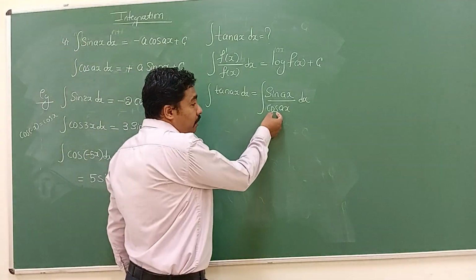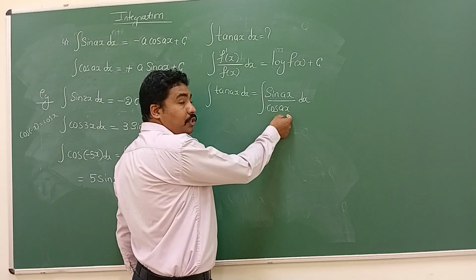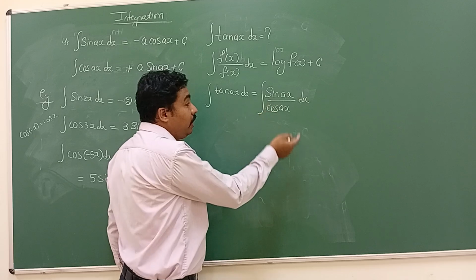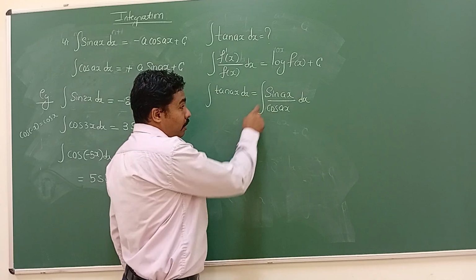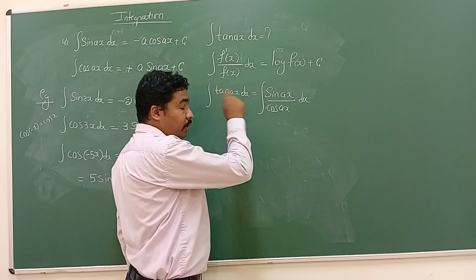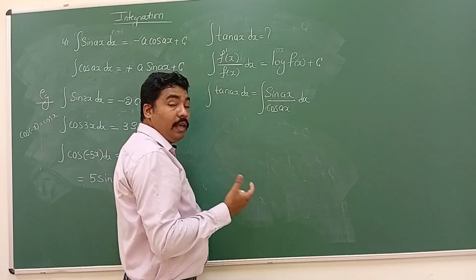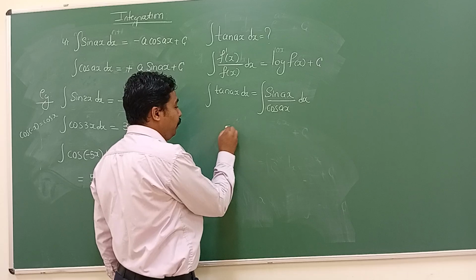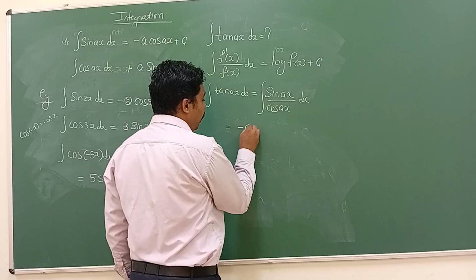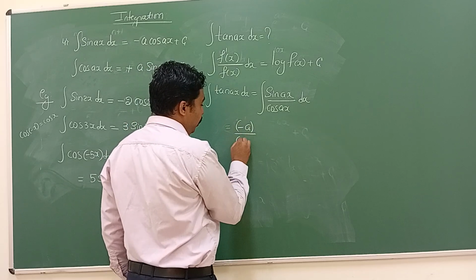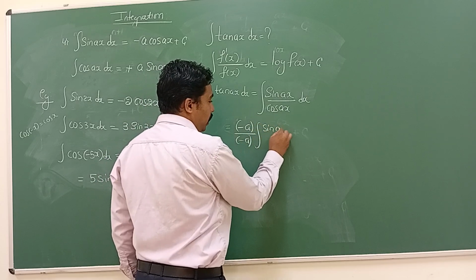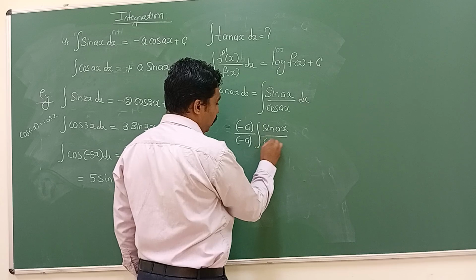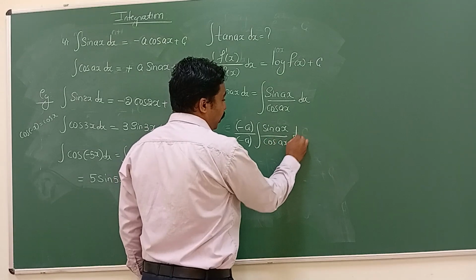So the derivative of cos ax is minus a sin ax, with a negative sign. But I have sin ax only. Minus a is missing. So what will I do for that? I will multiply and divide by minus a for this term. So it becomes sin ax divided by cos ax dx.